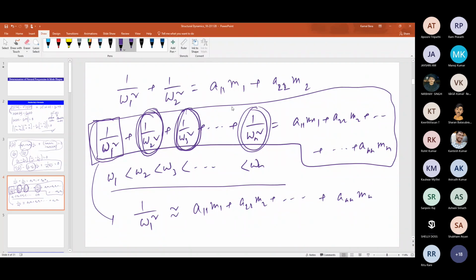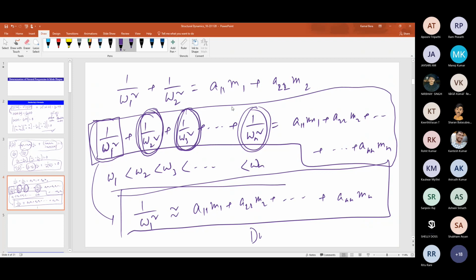This is nothing but Dunkerley's formula to find the fundamental frequency in an approximate manner. So what you have to do is just invert your stiffness matrix, take the diagonal, multiply it with the masses, and you will get the fundamental.